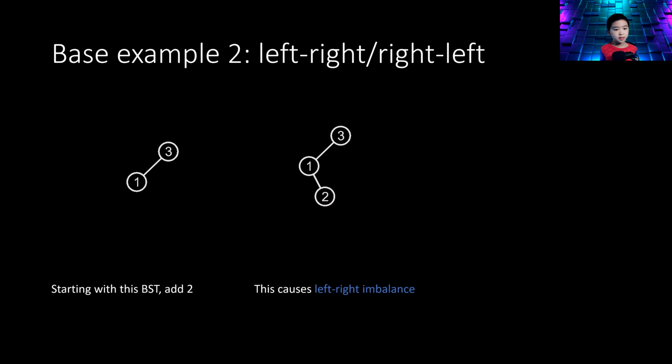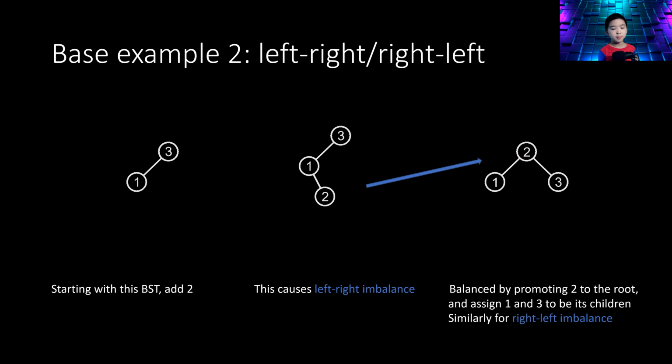So to rebalance it, we note 2 is the middle value. So it will be promoted to the new root. So 2 will go here to the root. 1 will turn into 2's left child, and 3 will turn into 2's right child.